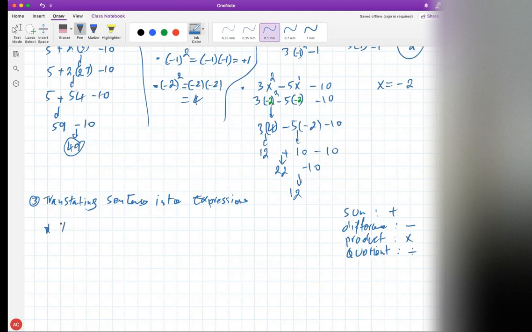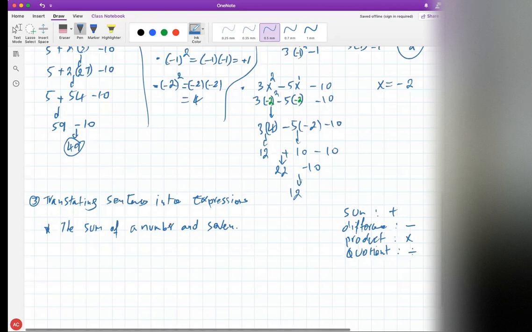So let's do some examples, turning a few sentences into expressions. Very simple. For example, the sum of a number and 7. That's the sentence.